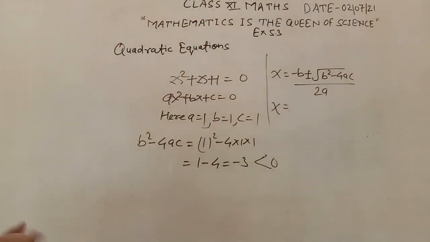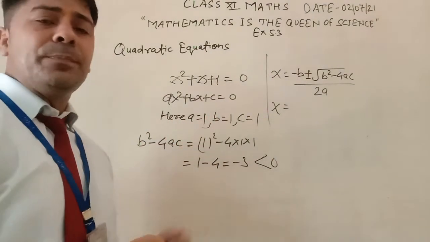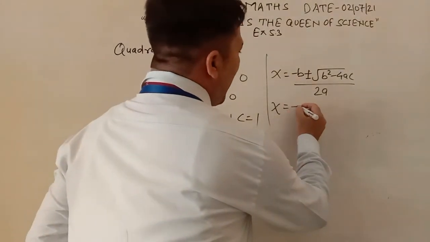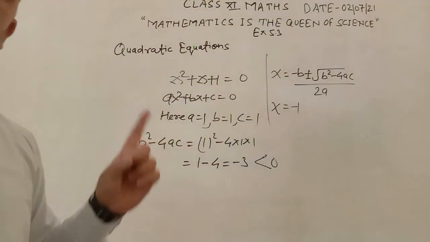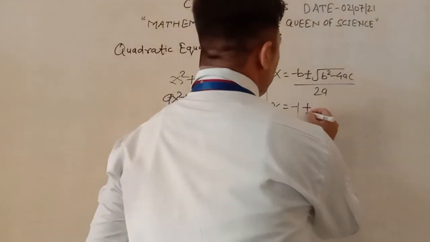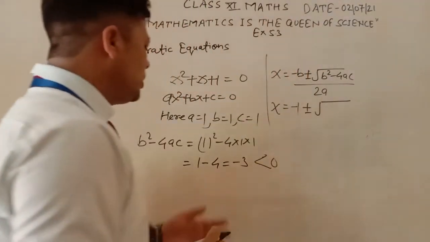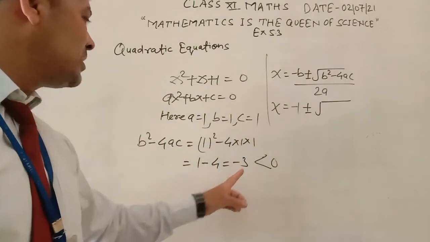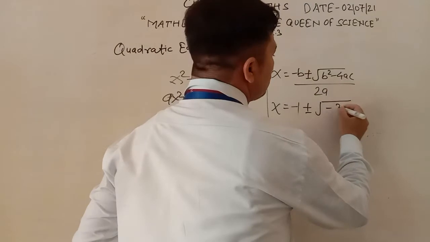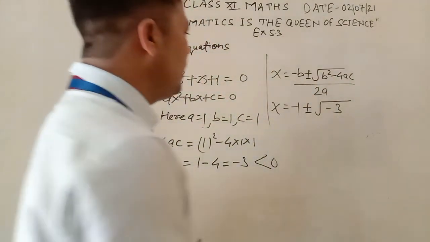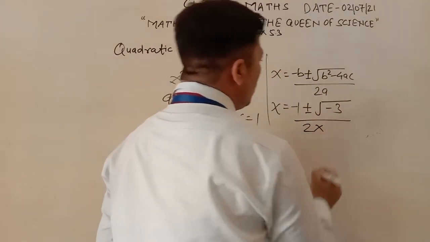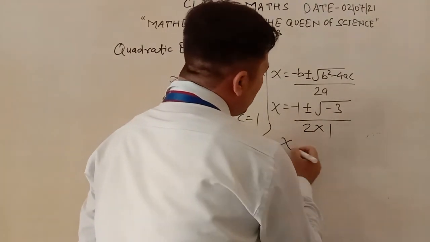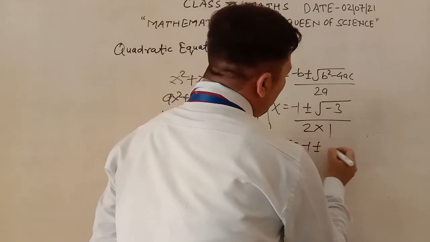Now x is equal to minus b, the value of b is 1 here, so it is minus 1, plus minus under root of b square minus 4ac, which is minus 3, upon 2a, that is 2 into 1.